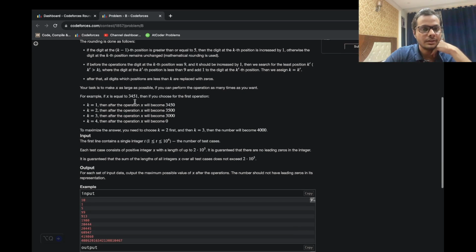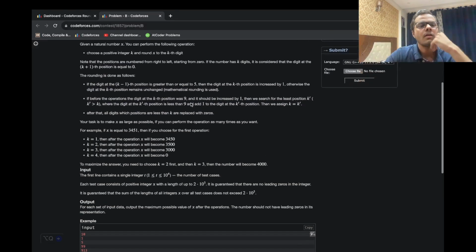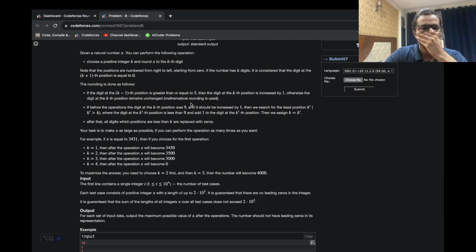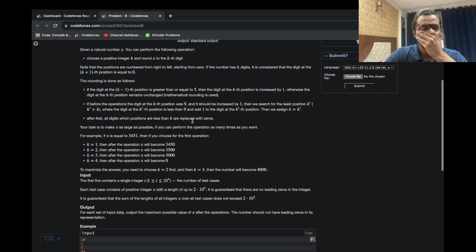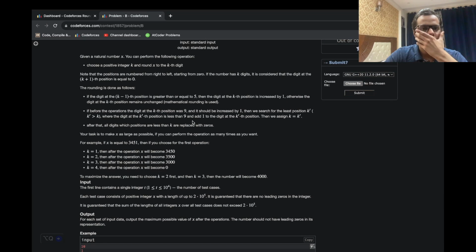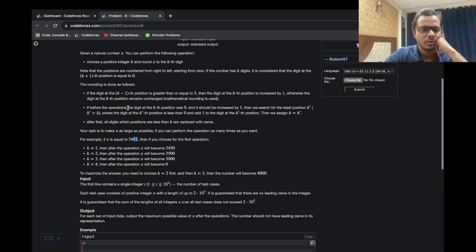Okay, let's just look at the examples. We choose the first operation. Round x to the kth digit. K equals to 2, then 3500.